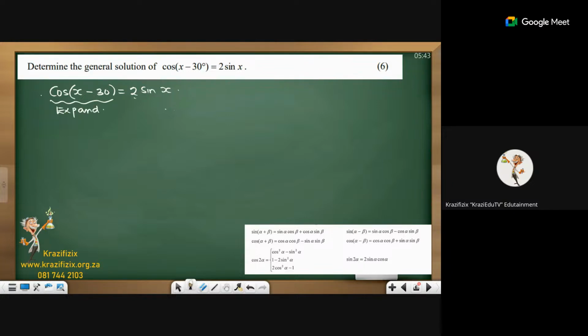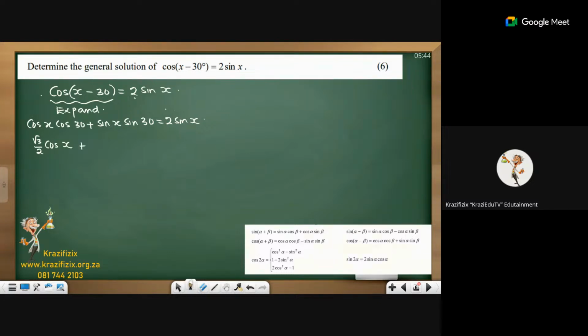By the compound angle formula, cos x cos 30 plus sine x sine 30 equals 2 sine x. Right. What is cos 30? Cos 30, you must know that or use your calculator quickly, is root 3 over 2.